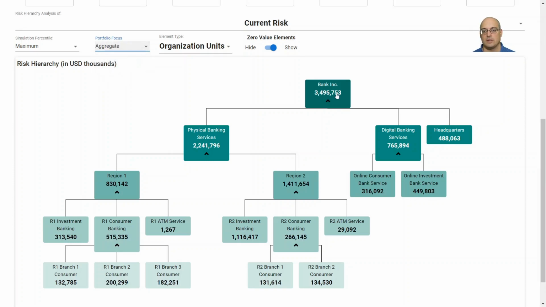Previously it was $3.5 billion for this organization, and if we switch to an element base, it becomes almost 5.4 billion. It is because instead of looking at the worst case scenario for the entire portfolio, in the element view, it takes the worst case of the lowest level building blocks within the hierarchy and then aggregates those worst cases. So this is the absolute worst case indeed.